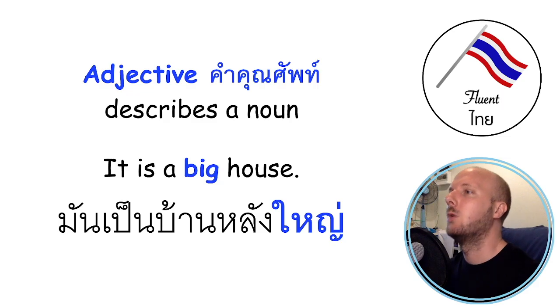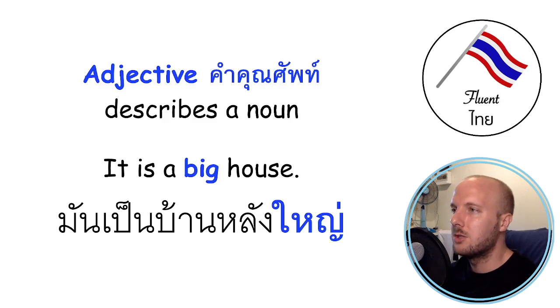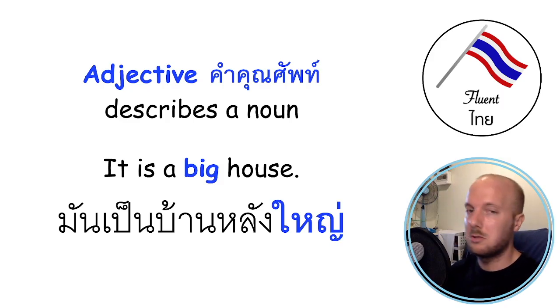Adjective คำคุณศัพท์ describes a noun. It is a big house. มันเป็นบ้านหลังใหญ่. So the word หลัง in here is actually the classifier for house or buildings in some context. You might be a bit confused if some of you know the word หลัง also means after.